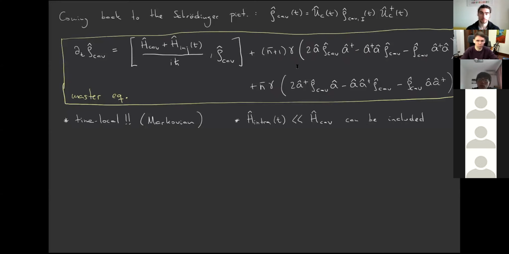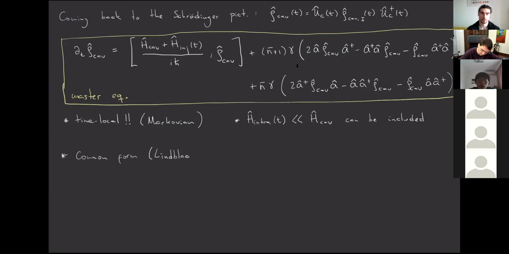And then we will go to one example, the same example we did in the Heisenberg picture. Okay, so then the first thing I want to mention is that this form is actually a very common form. It's called Lindblad form.